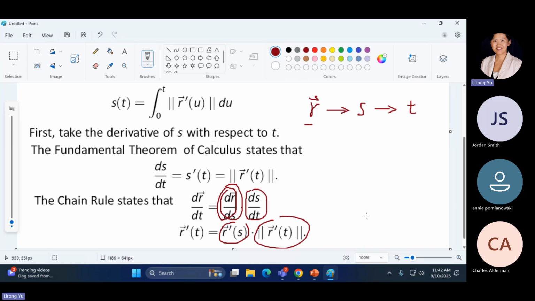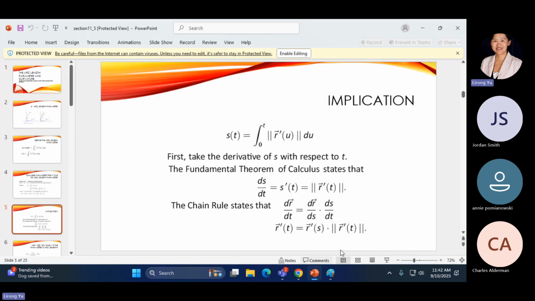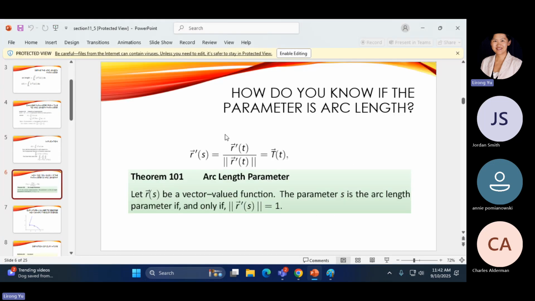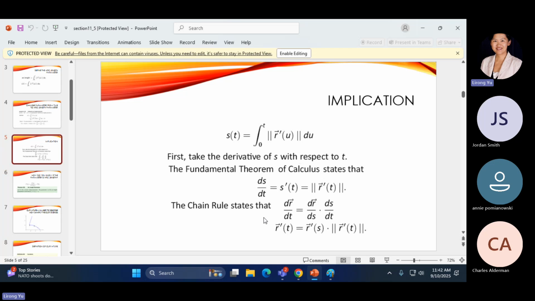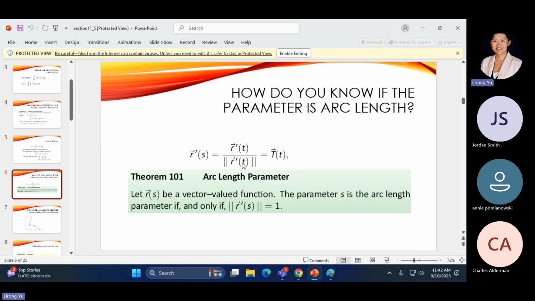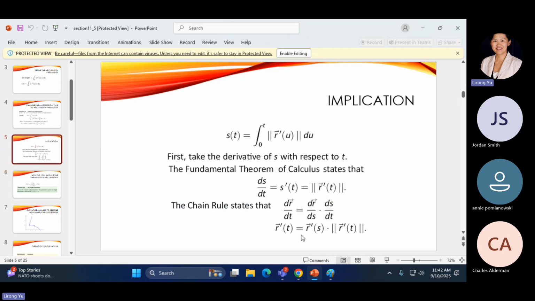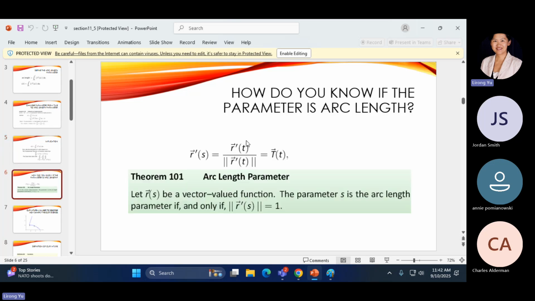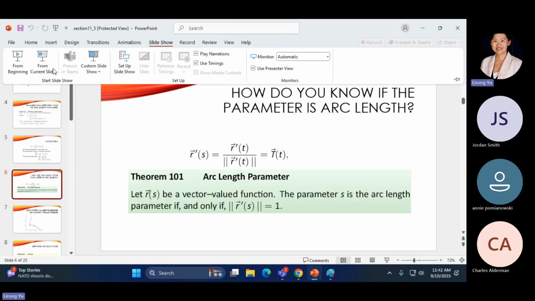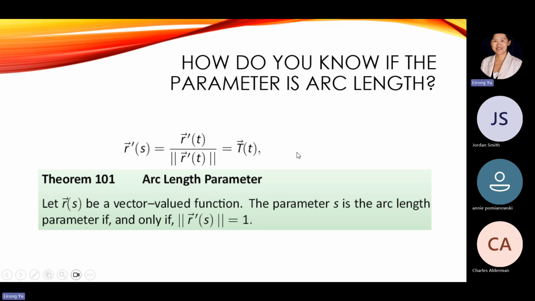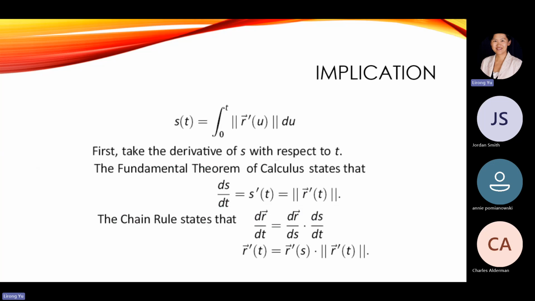Then the bottom rule there is indicating this relation, and then we define something called the division of r prime with the magnitude of r prime(t). That is, we divide r prime(t) by the magnitude of r prime(t). That's essentially the tangent vector. So following what we have in this bottom line of formula, we divide both sides of the equation by the magnitude of r prime(t).